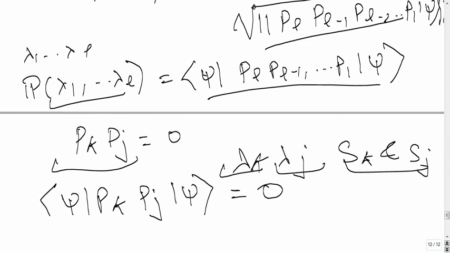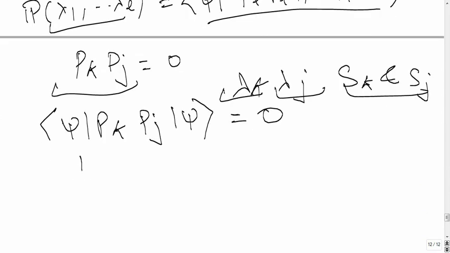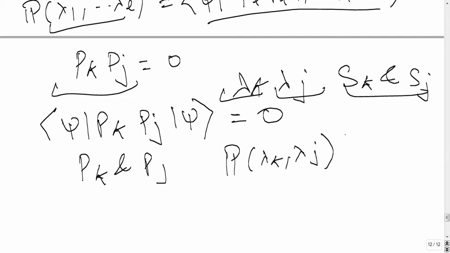Therefore, the output subspaces corresponding to these projection operators P_k and P_j must not overlap at all, otherwise the probability of obtaining lambda_k and lambda_j would not necessarily be equal to 0, meaning that there is a finite probability, no matter how small, that by doing measurement we can obtain lambda_k and lambda_j as results of measurement simultaneously, which is in contradiction of our assumption that S_k and S_j are incompatible operators.